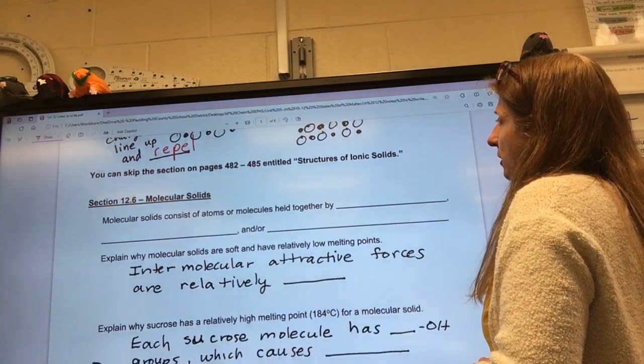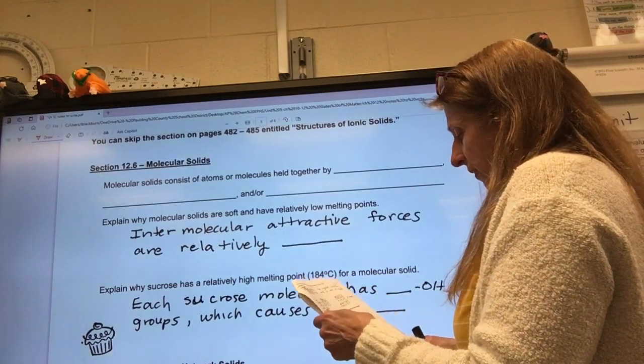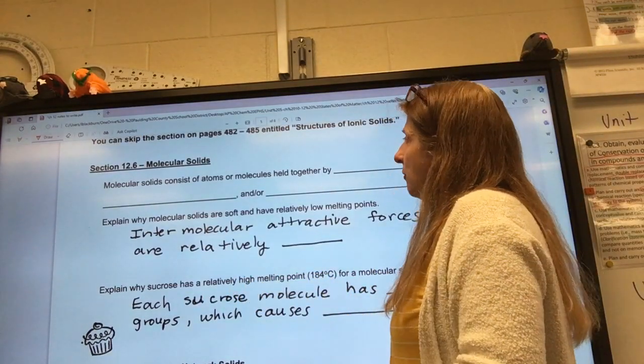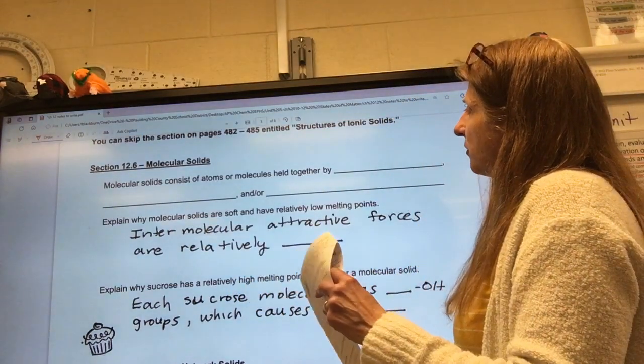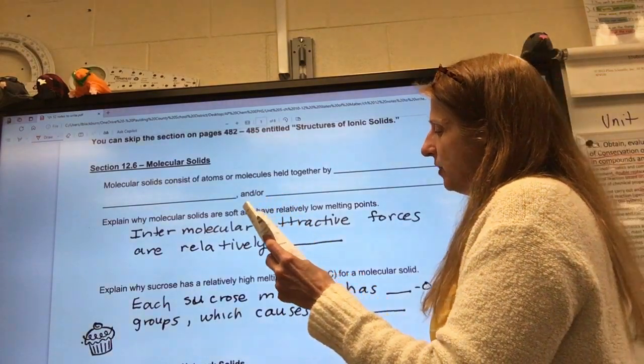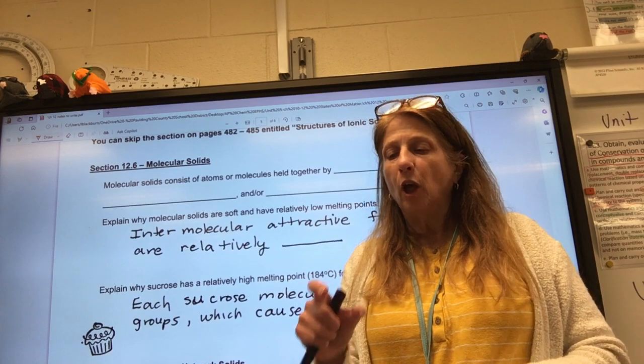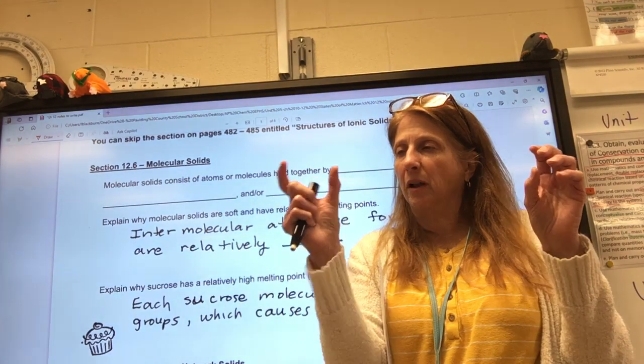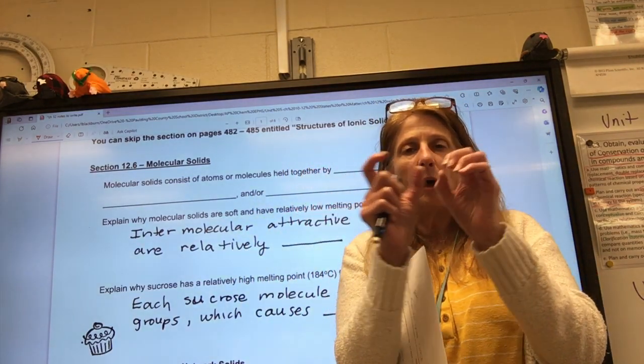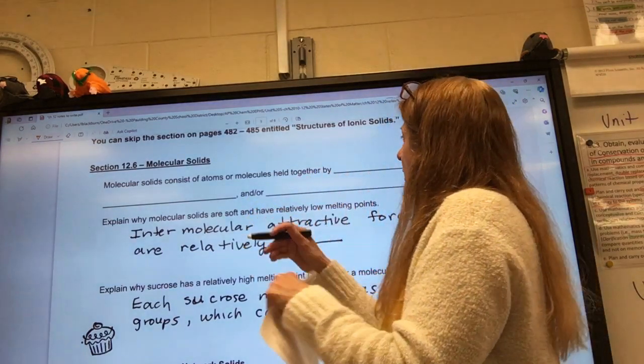Okay, can we go on? Now, molecular solids. These are ones that are covalently bonded. Molecular solids consist of atoms held together. So the atom itself is covalently bonded. But what makes the different molecules stick together?